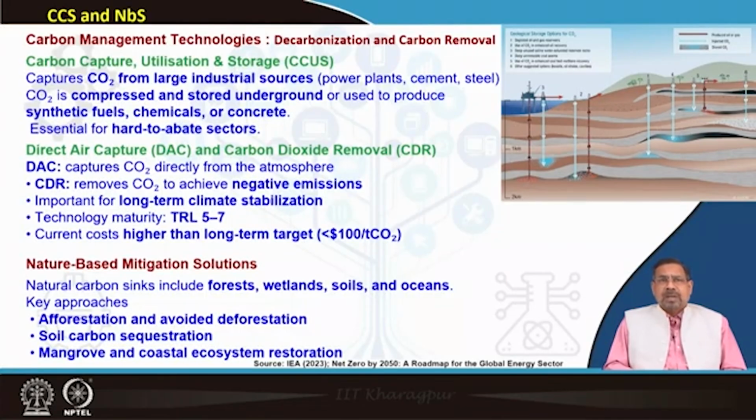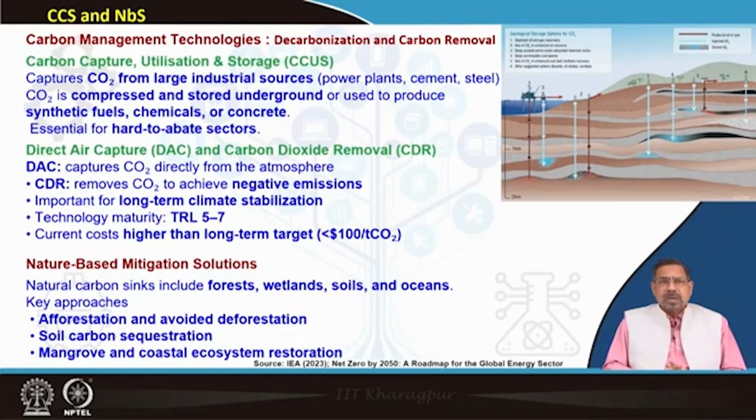So this is well practiced. And coming to DAC, we directly capture carbon dioxide and many other greenhouse gases from the air, and also CDR, carbon dioxide removal. DAC captures directly from the atmosphere near point sources or around city areas. CDR also removes carbon dioxide to achieve negative emissions.